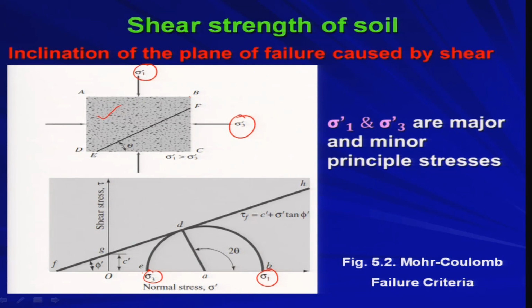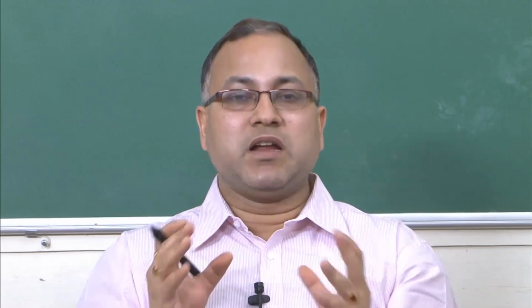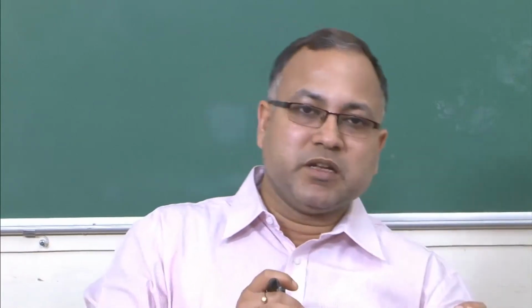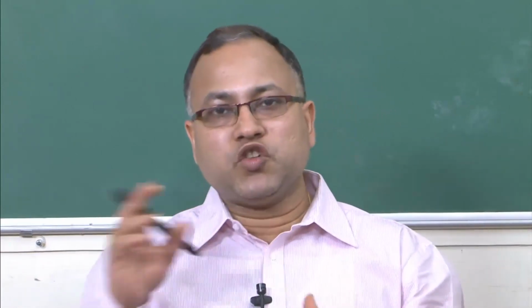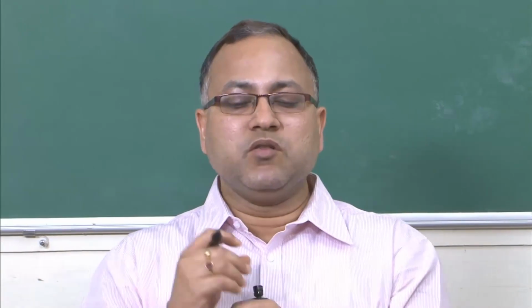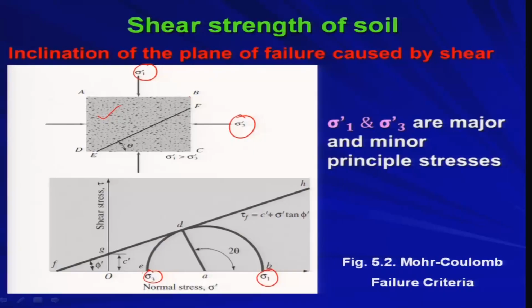So, from your basic Mohr circle representation, you get these two points, sigma 1 and sigma 3, and then you draw the Mohr circle, and then you get the Mohr-Coulomb failure criteria, which will be plotted on the same plot. That is given by this line F, G, D, H. This is my linear failure envelope, and this is touching the Mohr circle.